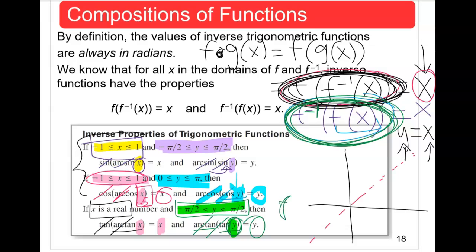So without including, so in parentheses, negative pi over 2 and pi over 2. So those are easy. You can just cancel and solve them.